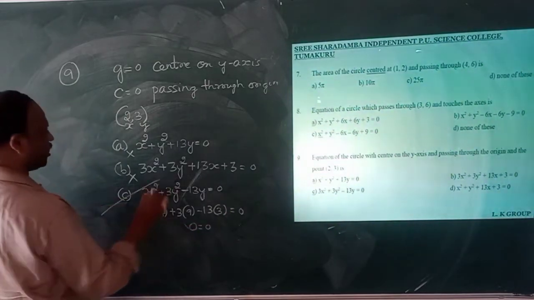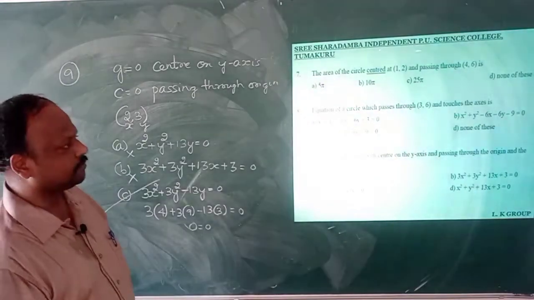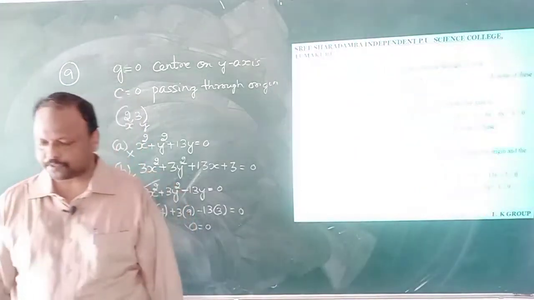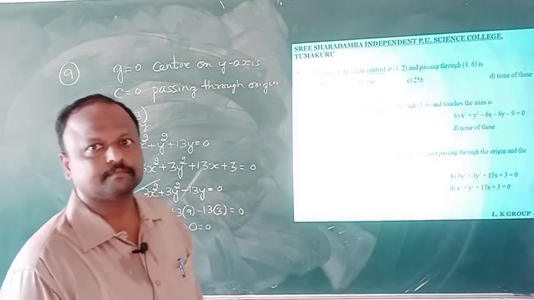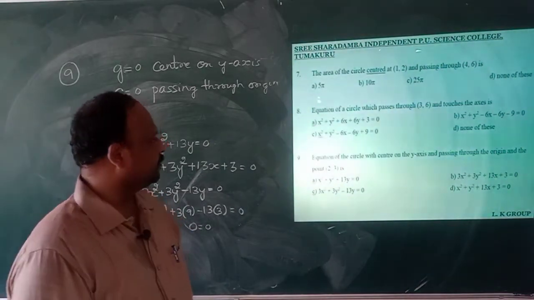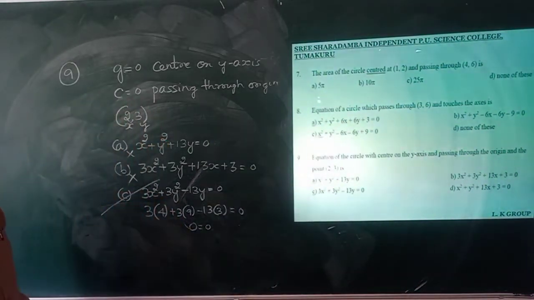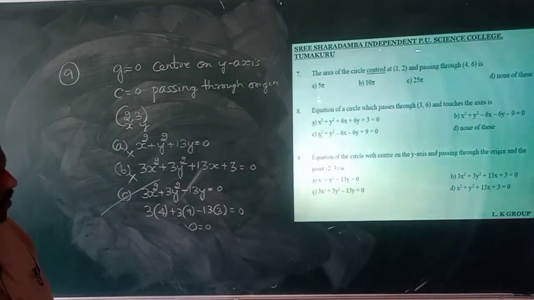So therefore option C is the answer. Easily you can find out the circle problems or straight line problems by substituting the given point in the option. So therefore option C is the answer. We'll go for next.